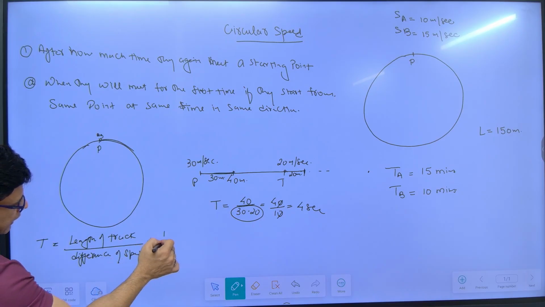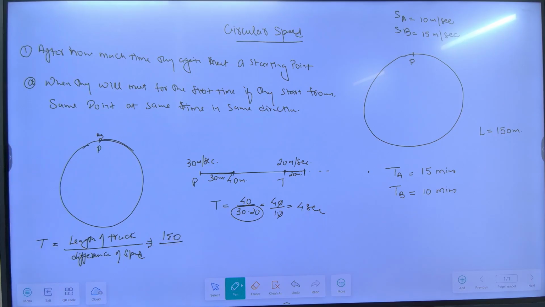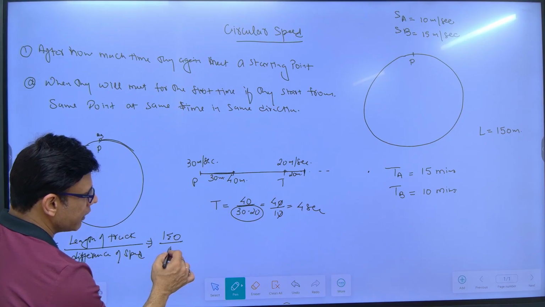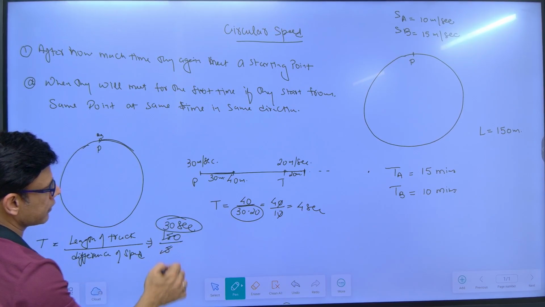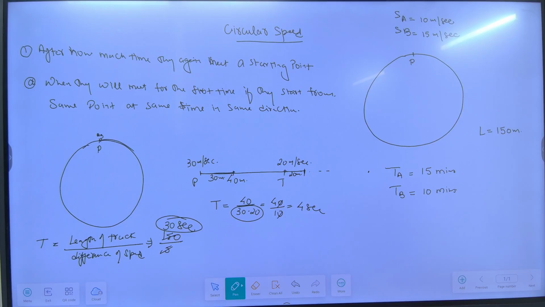What is the length of the track? 150. And what is the difference of speed? 15 minus 10, which is 5. How much? 30 seconds. That means in 30 seconds, B will catch up with A.